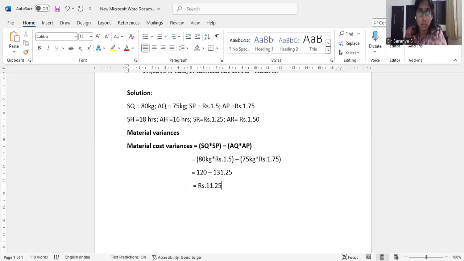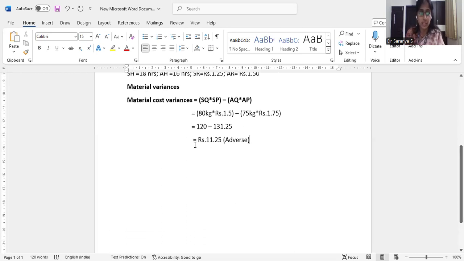So in variance, if we are getting the answer in minus, we will write in brackets A. A means adverse. If we are getting the answer in a positive figure, then we will write F. F means favorable. So material cost variance, answer is rupees 11.25 adverse. The next one, material price variance.